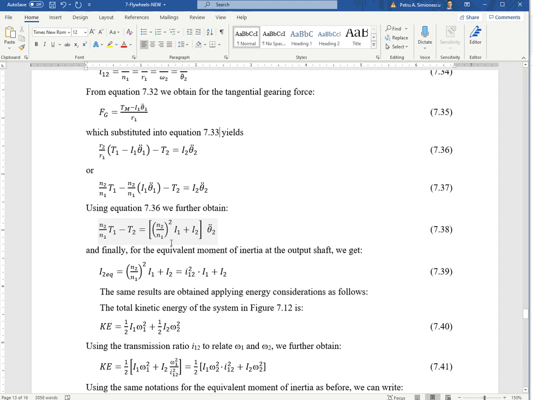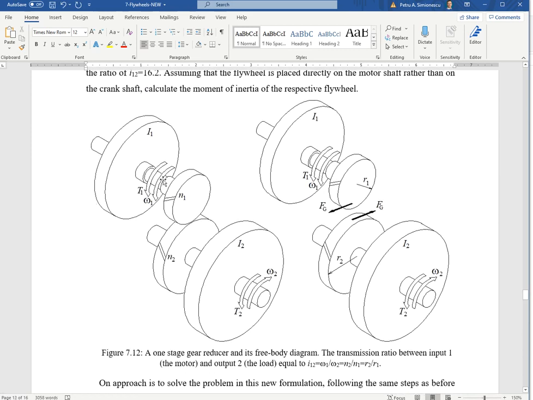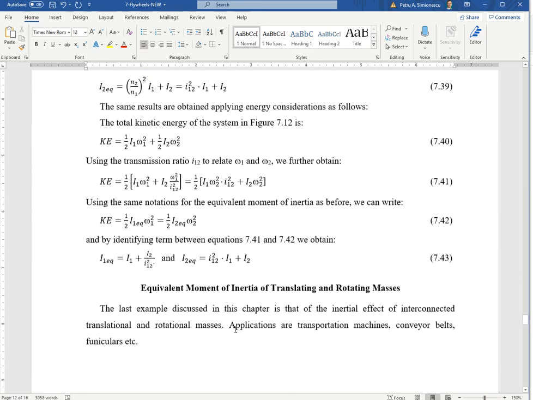So as you can see, if you go from shaft 1, the input shaft, to the output shaft through the reduction there, n will be n2, the number of teeth of the gear, divided by the number of teeth of the pinion, squared. So this flywheel taken from shaft 1 and moved to shaft 2, I need to amplify the moment of inertia by the transmission ratio squared.